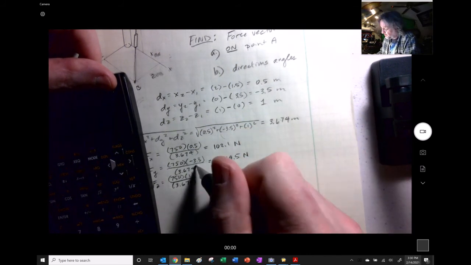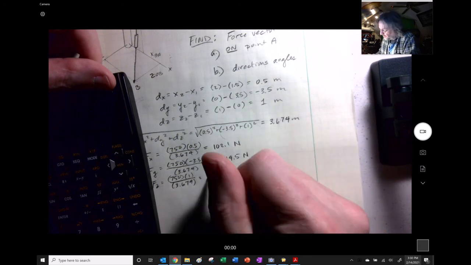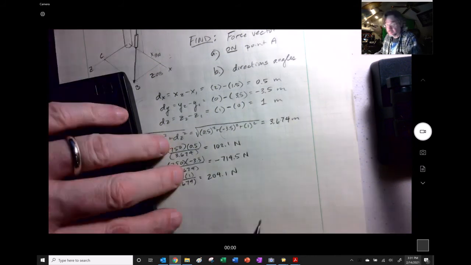Of course, that's the biggest one, and it's pointing downwards. And then 750 times 1 divided by 3.674, this one is 204.1 newtons.